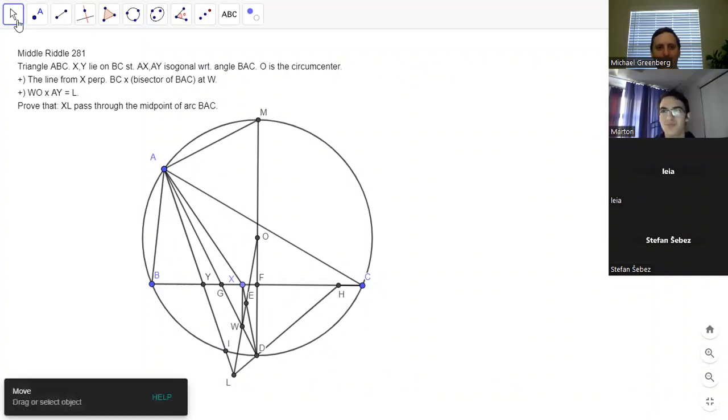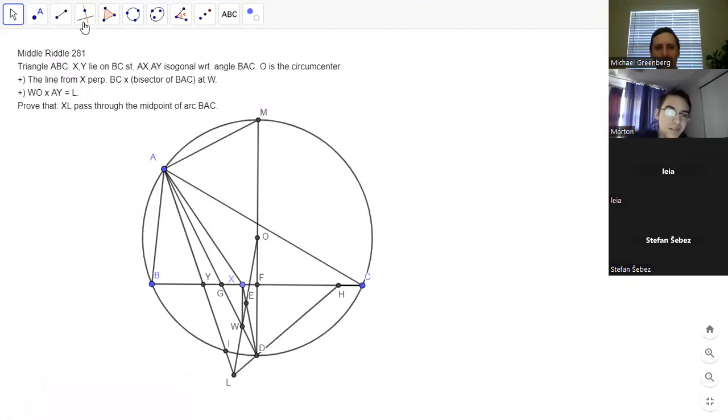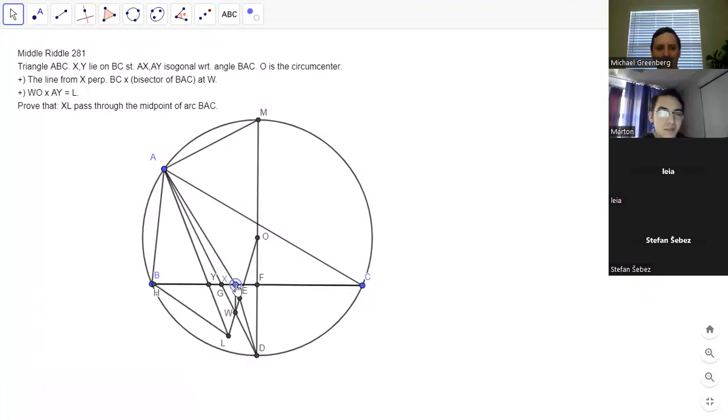I think I'd have to redraw it, because the moment I move X to this side, the diagram just doesn't work. Are you guys okay if I redraw it the other way? Yeah, my drawing also has X on the left. Okay, all right, so let's do that.